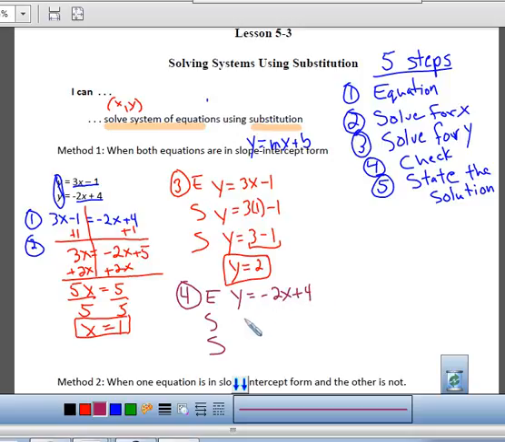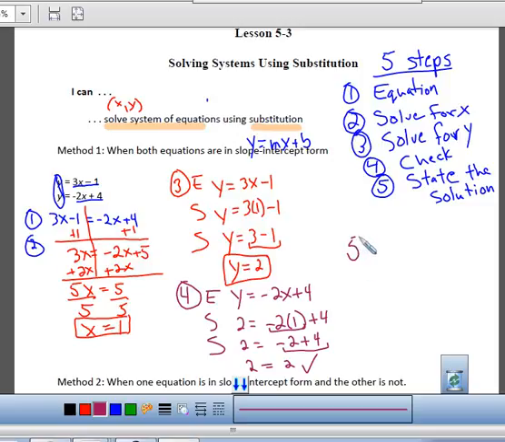But this time, I'm going to plug in both x and y, which is 1 and 2. So 2 equals negative 2, parentheses 1, plus 4. Negative 2 times 1 is negative 2. So I get 2 equals negative 2 plus 4. And that is correct. Negative 2 plus 4 is 2. So 2 equals 2. It checks.